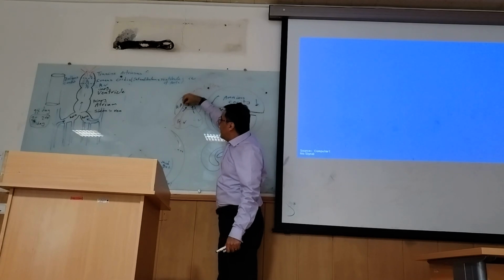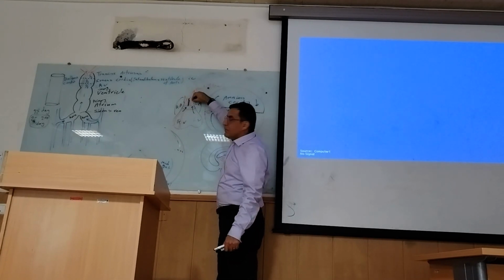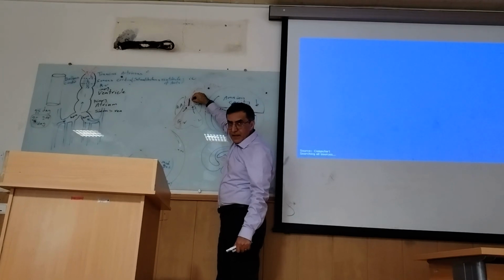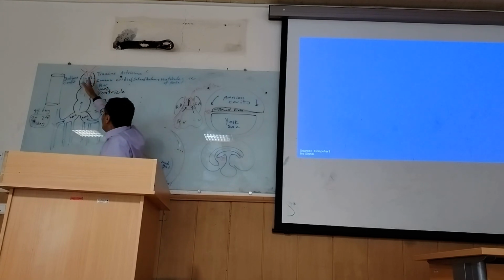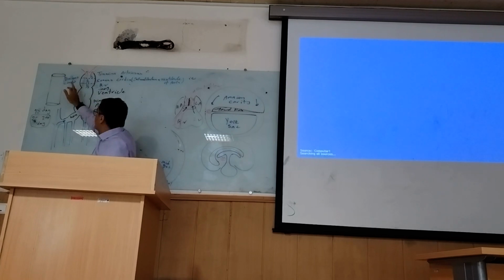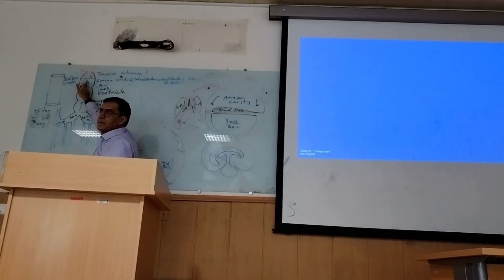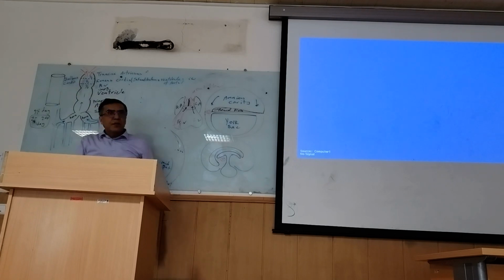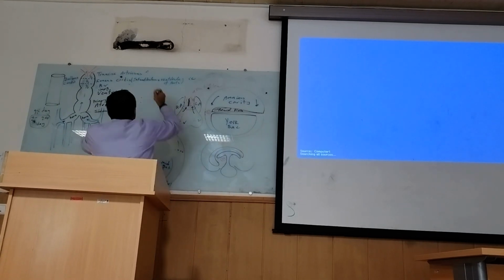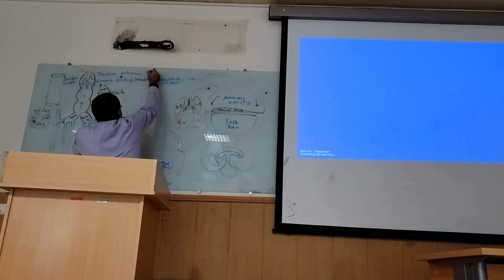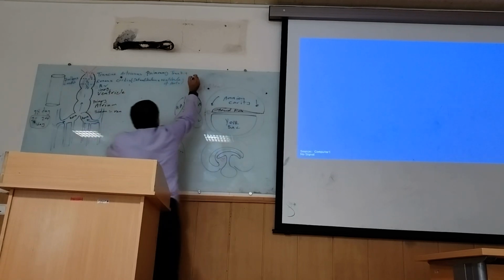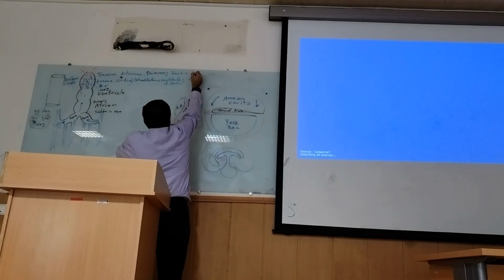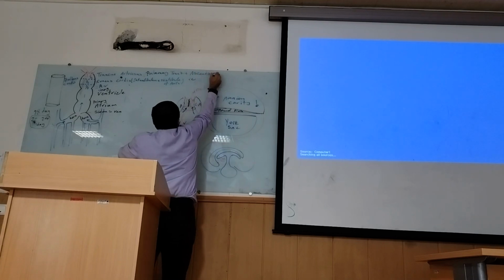The artery that gives blood from the right side and the left side is the ascending aorta. When a septum is made here, dividing it into right and left, the truncus arteriosus finally makes the pulmonary trunk on the right side, and on the left side exactly the ascending aorta.